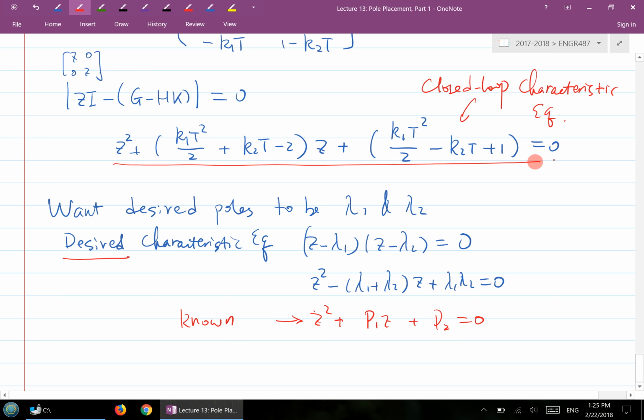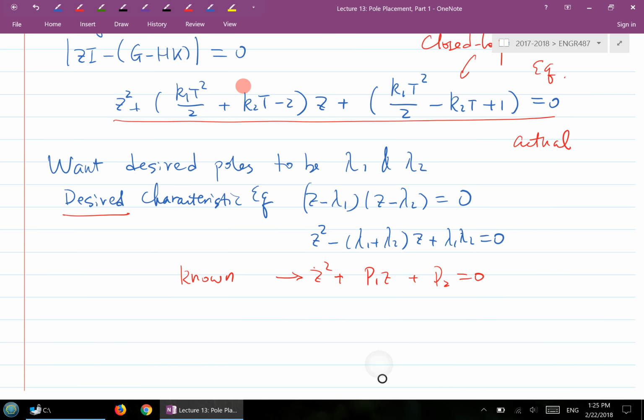Now here's what we call, this is your actual, right? This is the actual characteristic equation. Okay? So you want the actual one to be the same as the desired one. So that basically means you want the coefficients of the polynomial to be the same. So that gives us two equations.